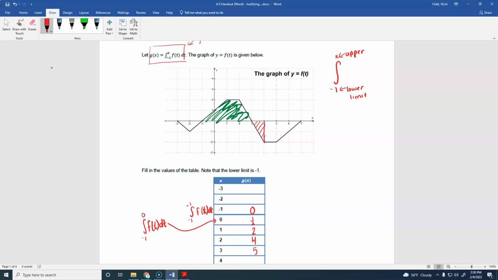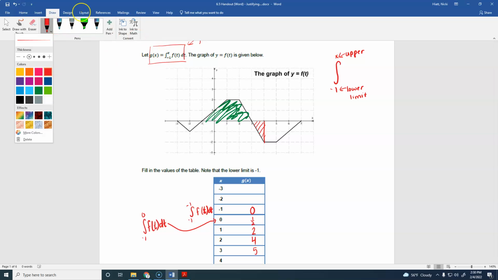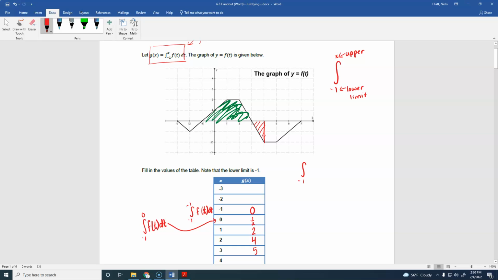So when that happens, you're going to count it as a negative area. So if we're doing the integral from -1 to 4 of f of t dt, we already found the integral from -1 to 3 of f of t dt. So we're really just adding on that sliver from 3 to 4.